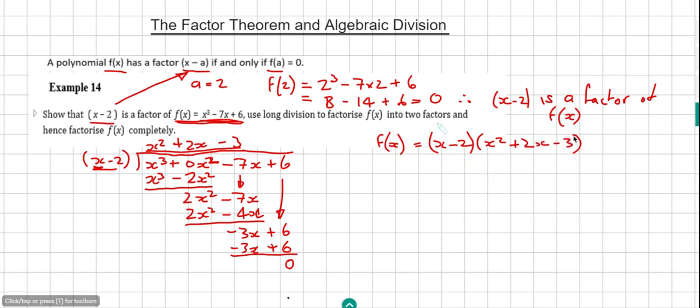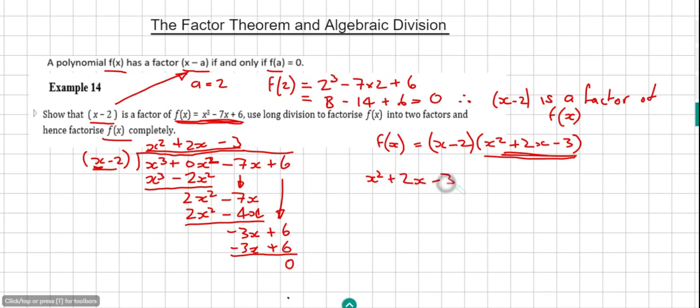And then what we can do, because we have to do this in the question, is factorize f of x completely. So we can take this quadratic here, x squared plus 2x minus 3, and try and factorize that as well. That will go into 2 brackets.